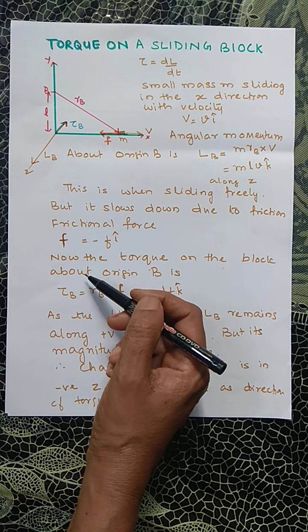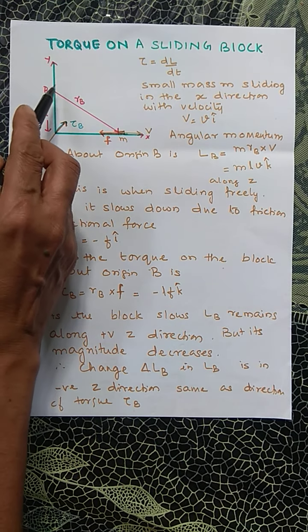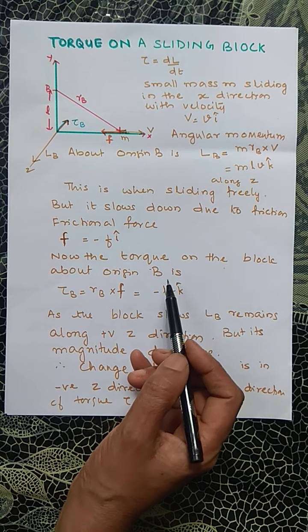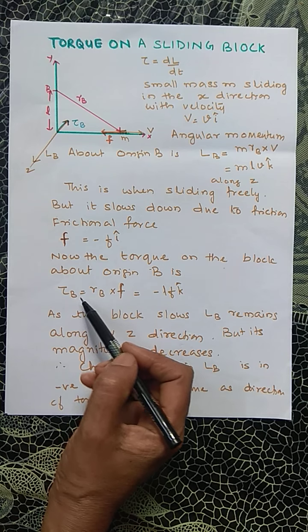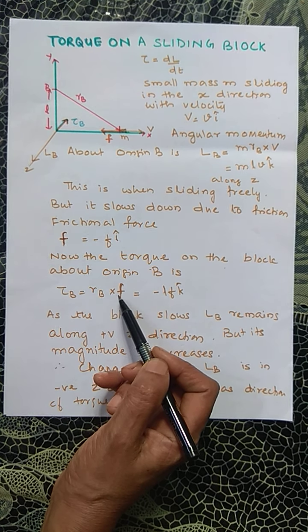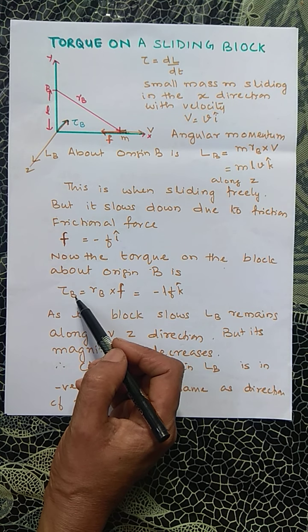Now let us find out what is the torque on the block about the origin B. The torque we have discussed in the previous class is equal to R cross F, about the origin we have considered.